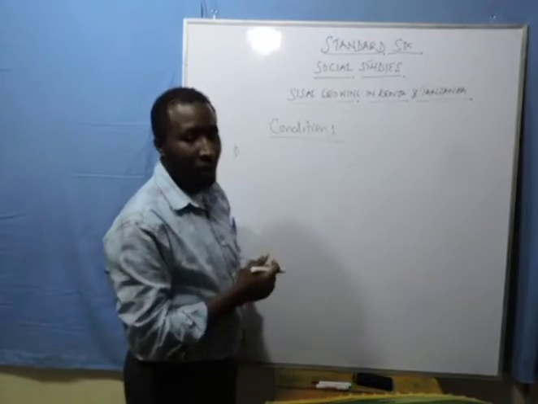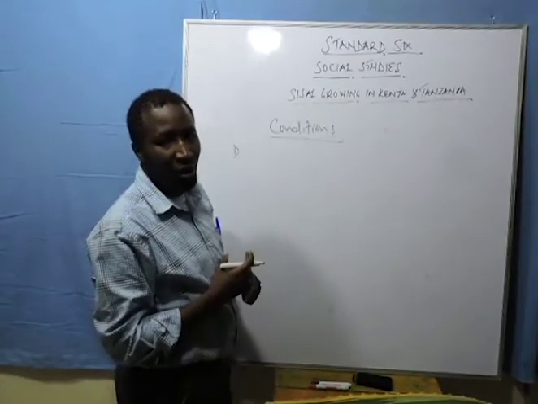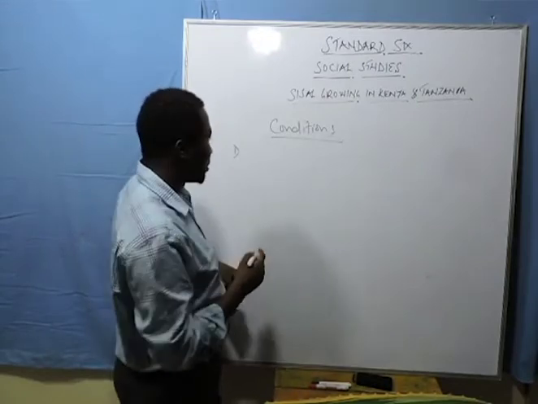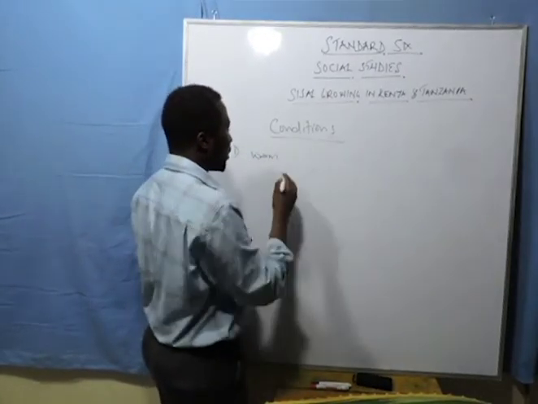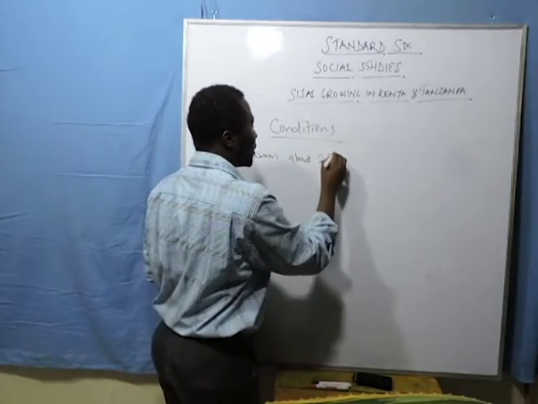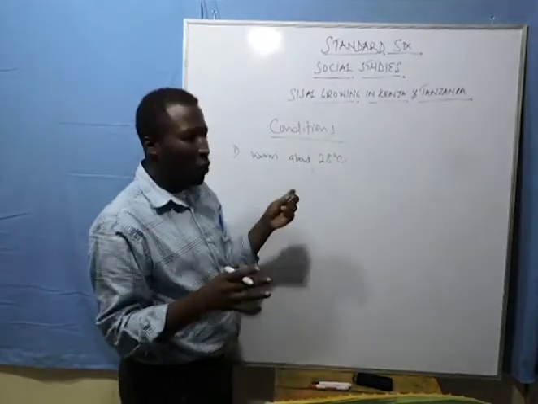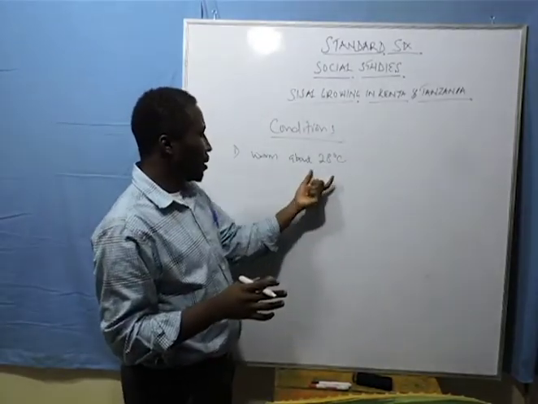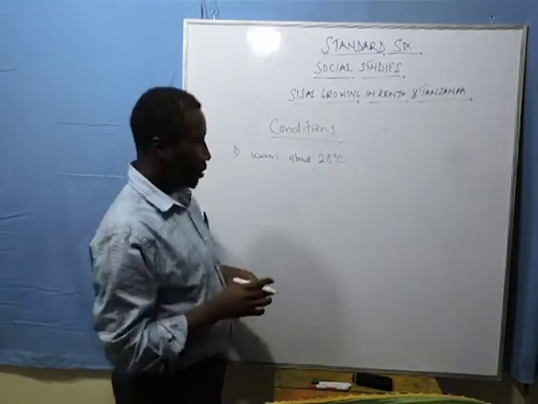Conditions necessary. Number one, it requires a warm average temperature of around 28 degrees Celsius. It's not grown in cold areas. So for one, it requires a warm temperature of around 28 degrees Celsius.